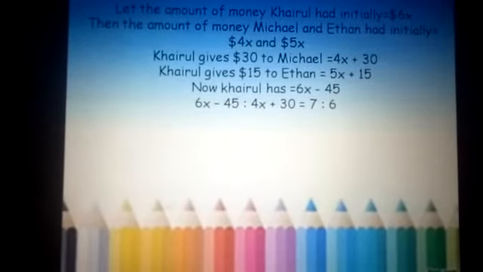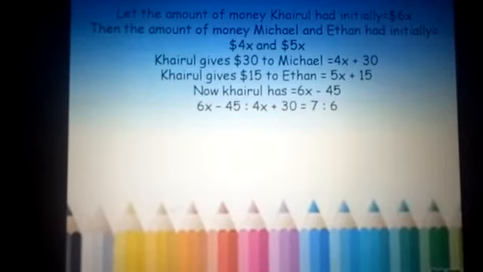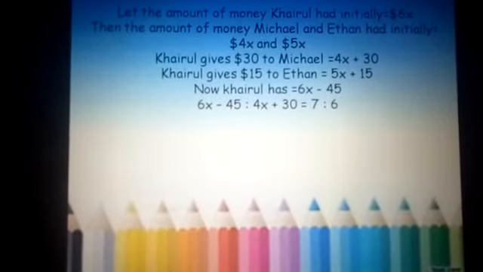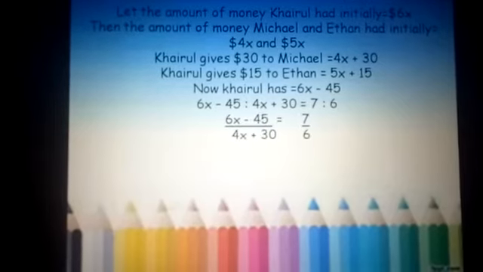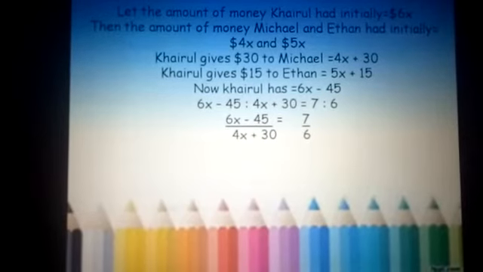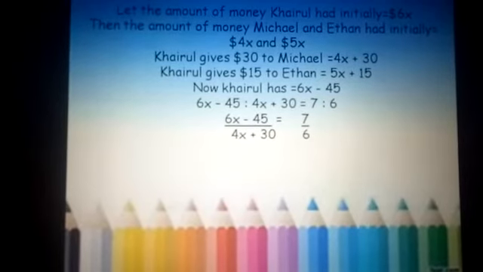Now 6x minus 45 ratio 4x plus 30 is equal to 7 ratio 6. Is that fine? Now we convert the ratios into fractions. 6x minus 45 over 4x plus 30 is equal to 7 by 6.